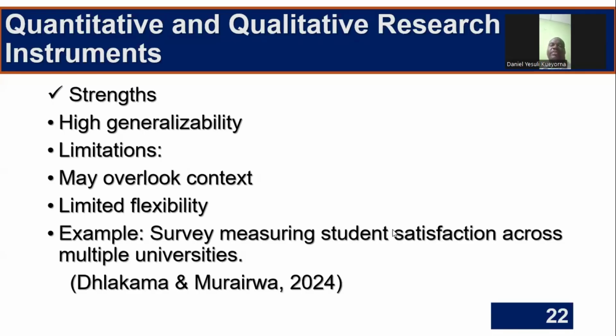So limited flexibility. It does not allow for flexibility since it has nothing to do with looking at the reason behind the figures. Example, surveys measuring student satisfaction across multiple universities. So this is a very good example. Next slide.